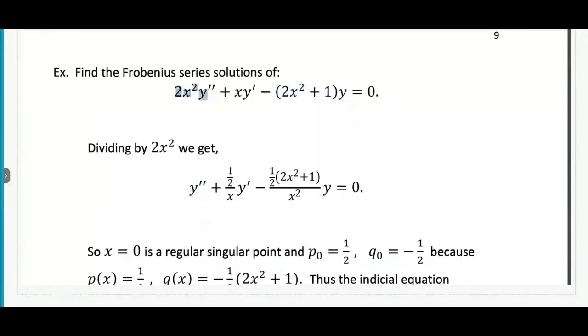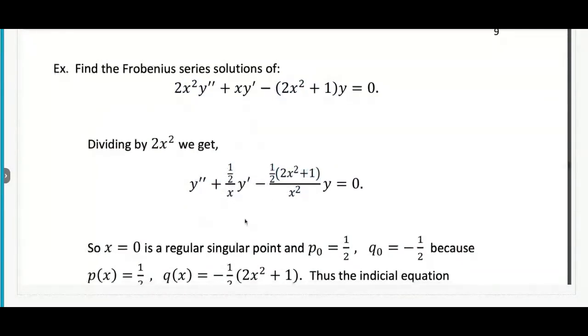So we divide by A of x. We get x divided by 2x squared, which is 1 over 2x, or we can write it as a half, because when we multiply by x, the x just goes away. Similarly for this one, we divide by 2x squared, and once we multiply by x squared, we just get this numerator.